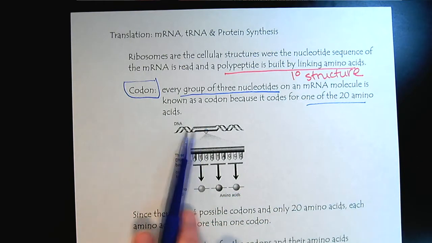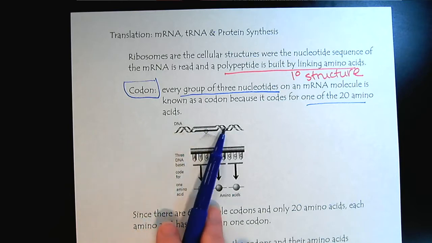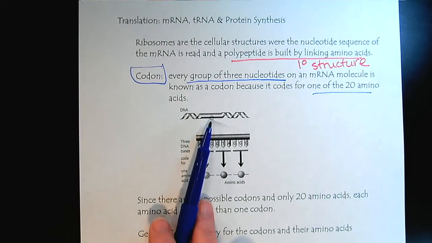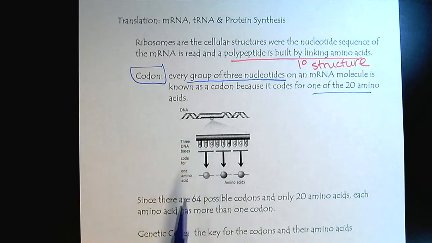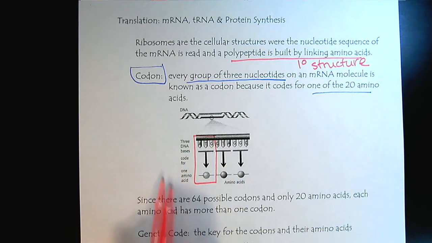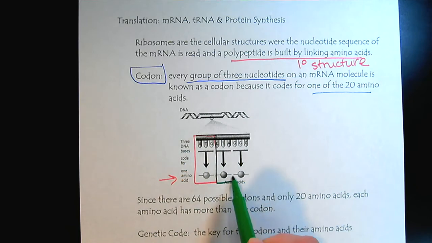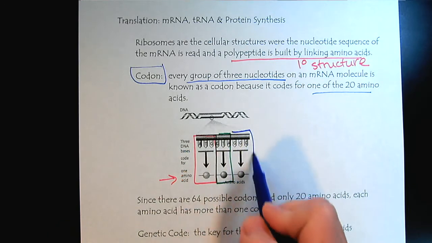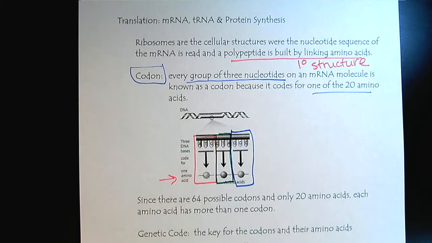Here is our DNA, and then we have the nucleotide sequence, and we can see that these three nucleotides code for one amino acid, and then the next three nucleotides code for the second amino acid, and the third for a third amino acid. So this sequence of nucleotides describes a particular amino acid. It's the code for it.